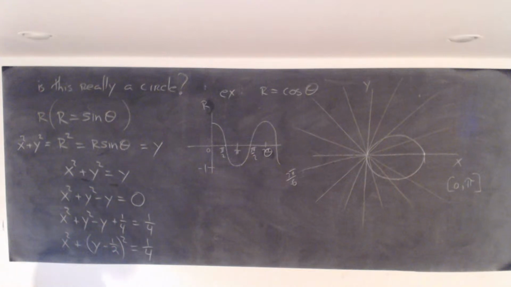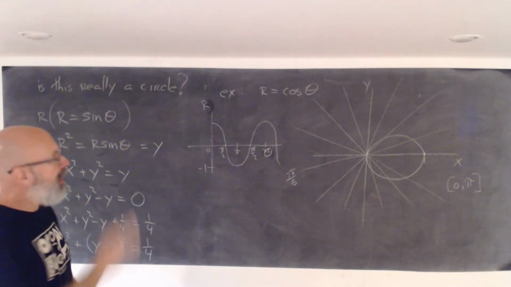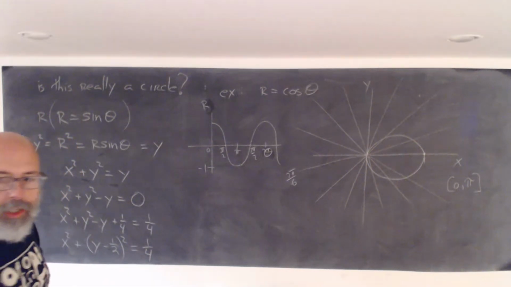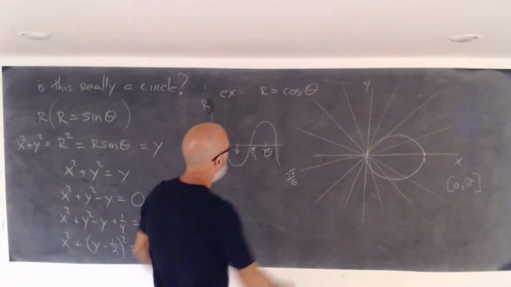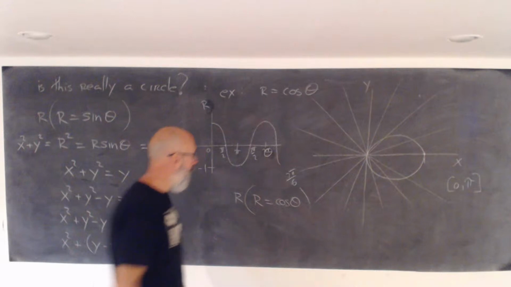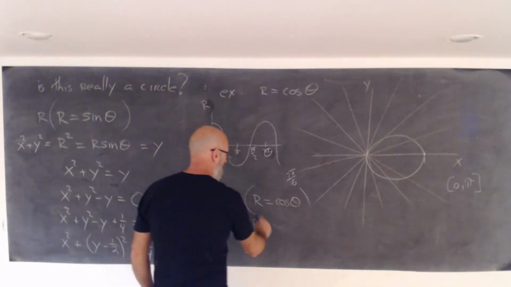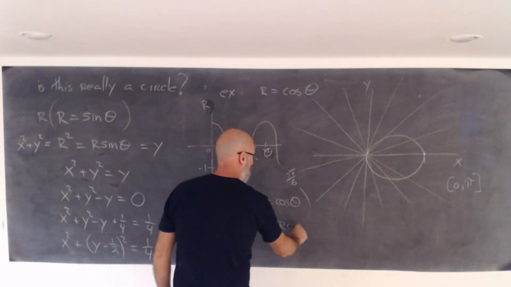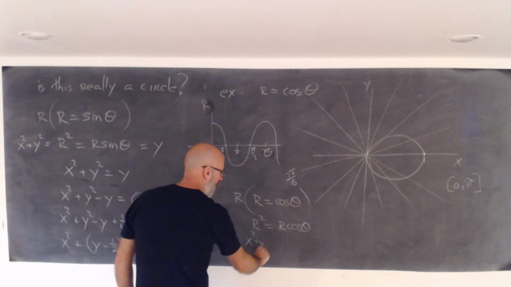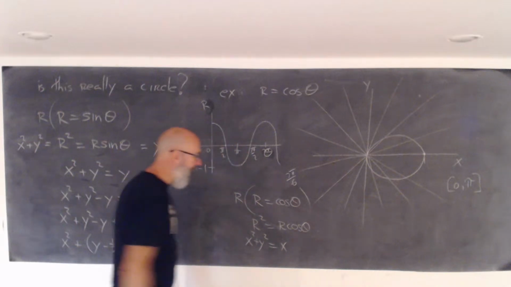I've referred to it as a circle, but again, it's not immediately clear that it is. Is this a circle? And if you multiply by r again, you get r squared is r cos theta, which is really x squared plus y squared is x.